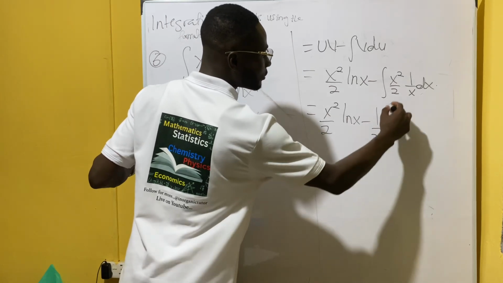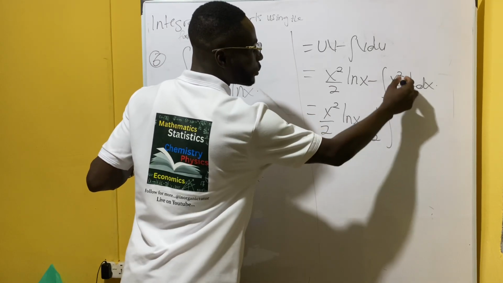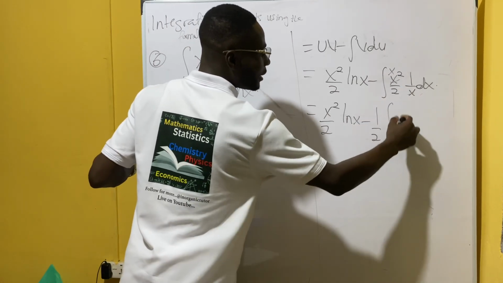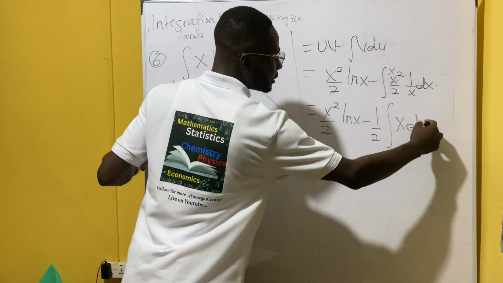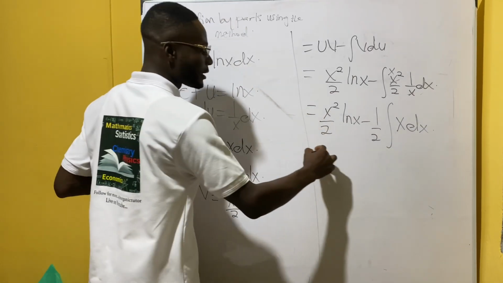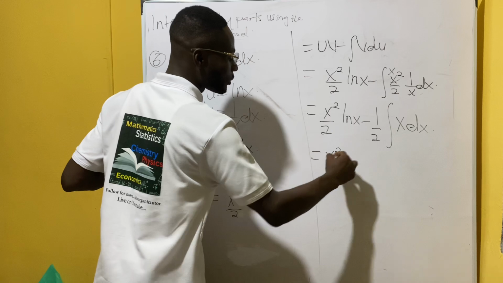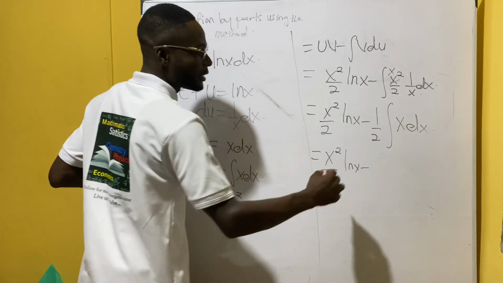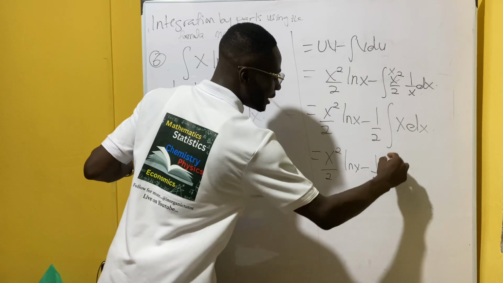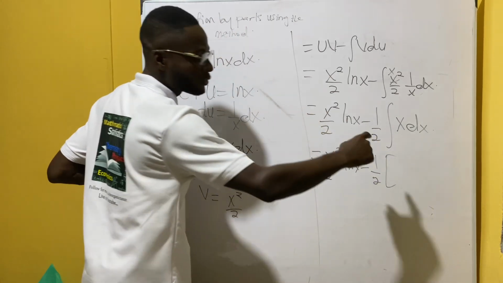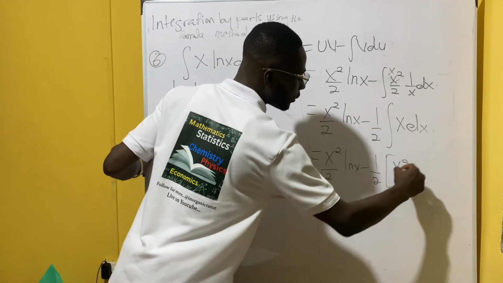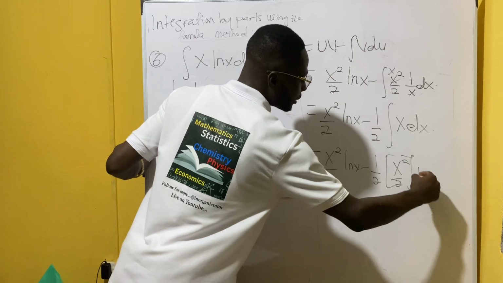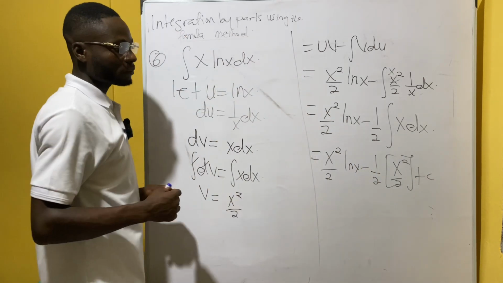Then this takes one of this, so we have this right here. The integral of x will be x squared over 2 plus a constant of integration.